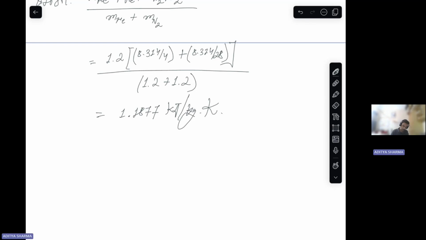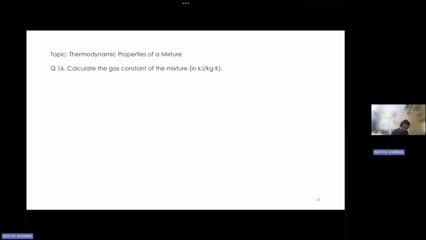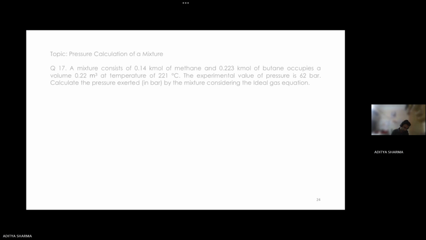So we are almost done with today's session, but I have one extra question. Based on your ideal gas equation, we have to find out the pressure here. Moles have been given for methane and butane, and volume and temperature are given.